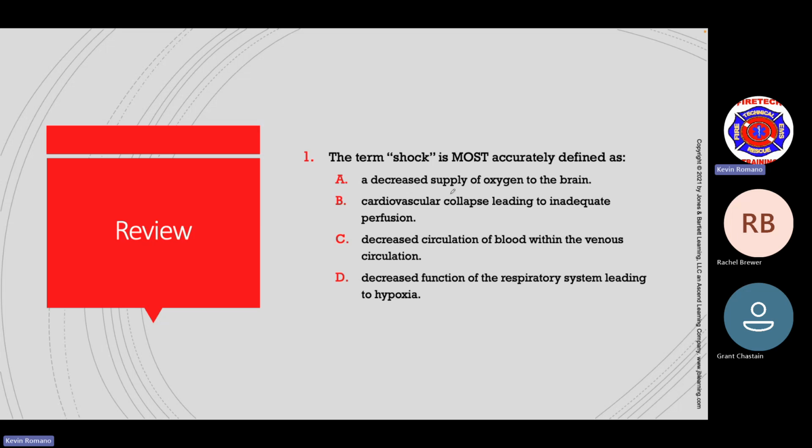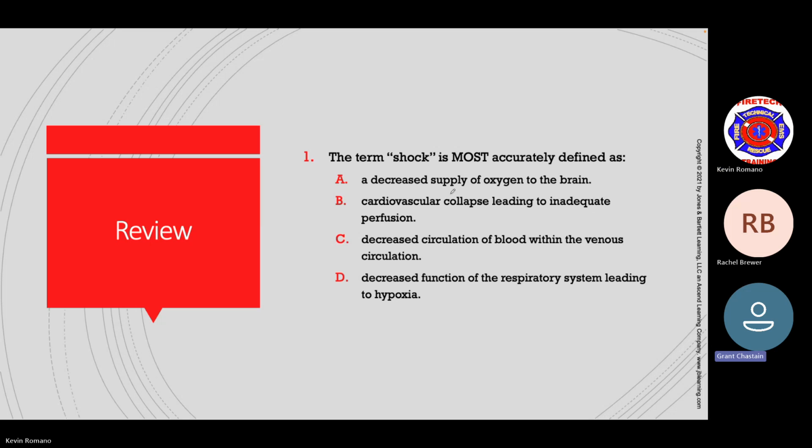So the term shock is most accurately defined as A, B, C, or D. Grant, I know you guys are all in a group, so you can put it in the chat or do it together as a group. Would you be able to read it out?